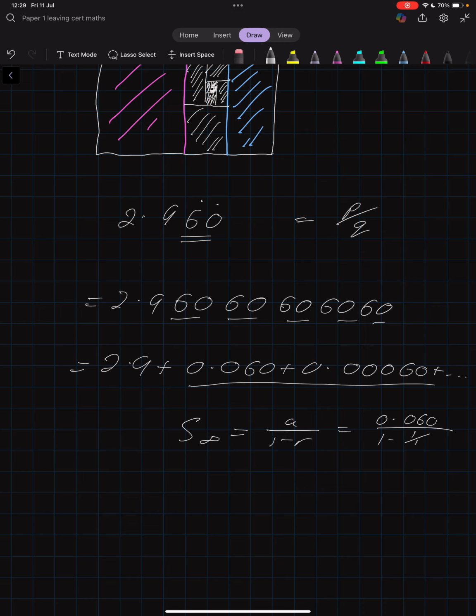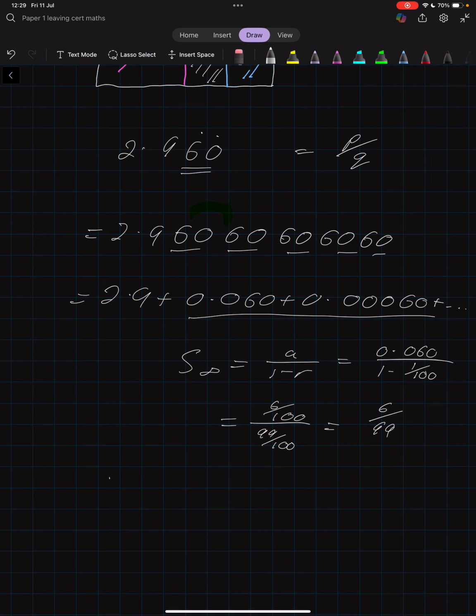I'm multiplying it by 1 over 100 every time. Why? Because my decimal places are moving 2 spaces every time. Okay? This is equal to, that's going to be 6 over 100, all over 99 over 100. So it's 6 over 99.